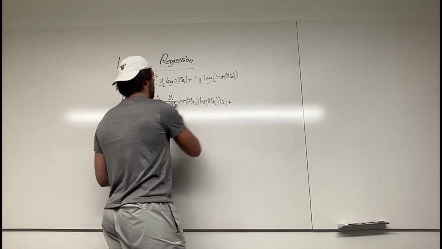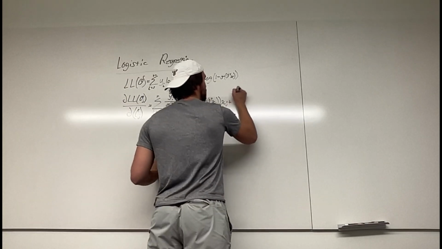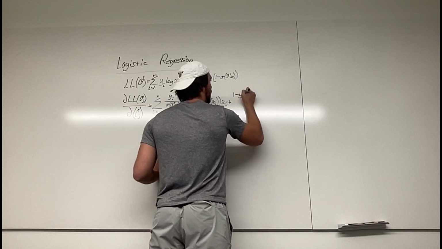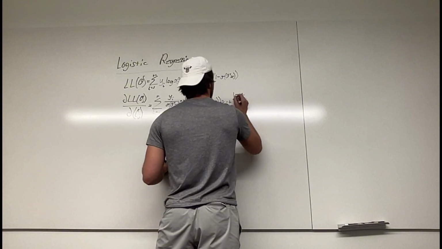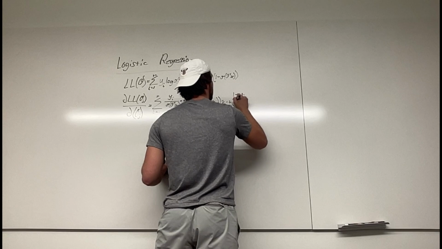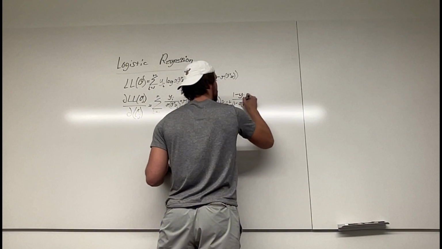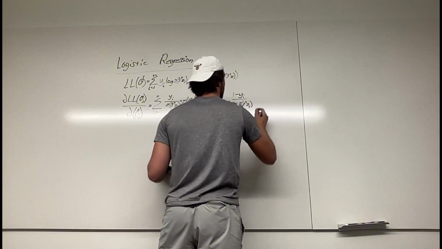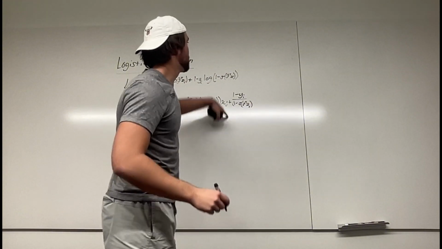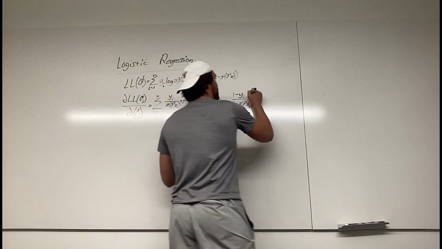We remember our log derivative here, 1 minus yi over 1 minus sigma theta transpose xi, right? Times the derivative, chain rule. We've got to do the inside again.